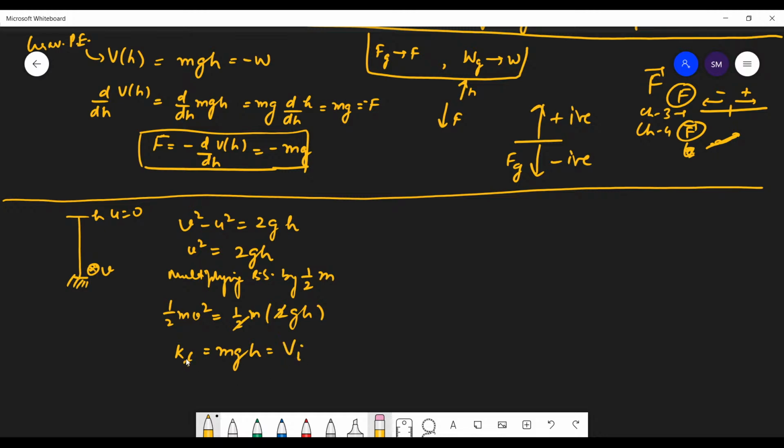It means the final kinetic energy is equal to the initial potential energy. So the whole potential energy is converted into kinetic energy. So the work that you did was stored up in the form of energy, and when the external constraints were removed, it comes down with velocity v, so the kinetic energy. So that's a very important relation.